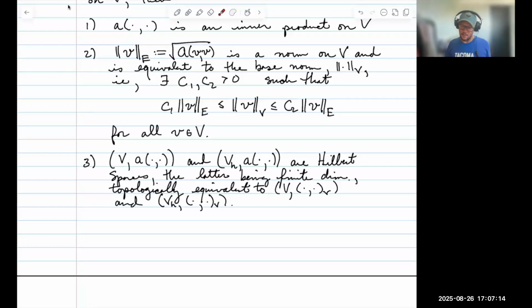By the way, what does it mean when I say an inner product space has a topology? Well, an inner product gives us a norm, but it also gives us angles between vectors. That's what an inner product does, and the canonical example of this is the dot product.